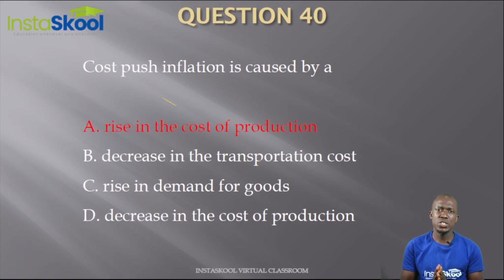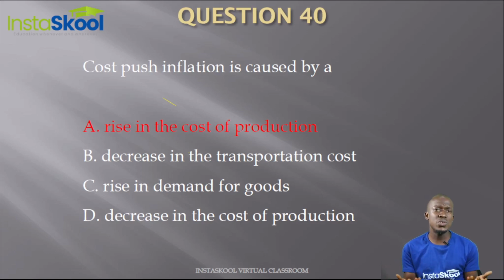Demand pull inflation is caused by increased demand, when there is much money in circulation and people are demanding the little goods that are available. But cost push inflation, on the other hand, is caused by a continuous increase in the cost of production of the product.